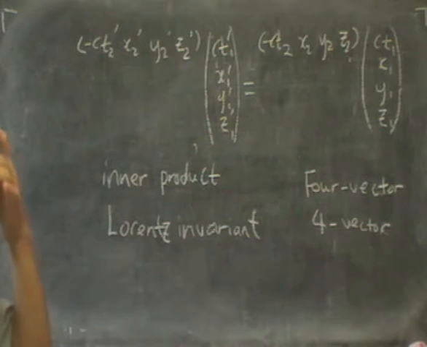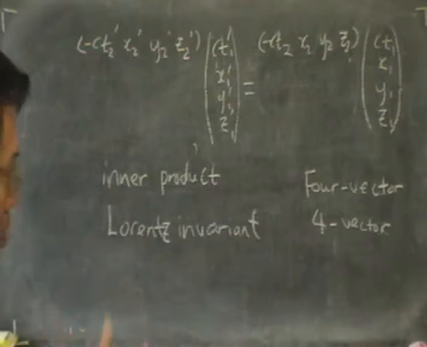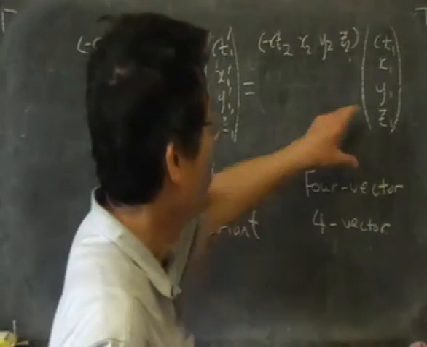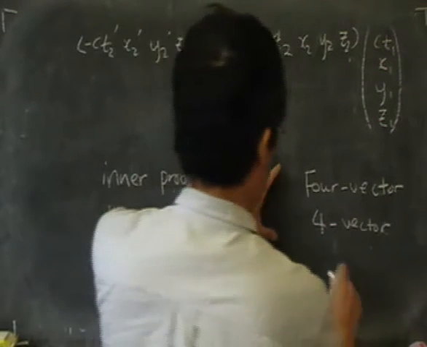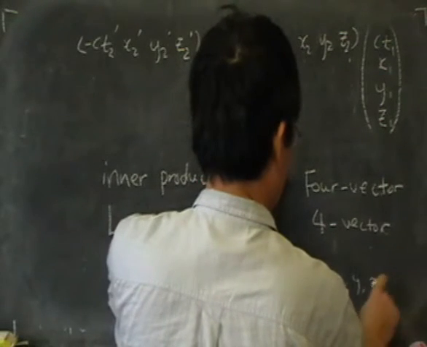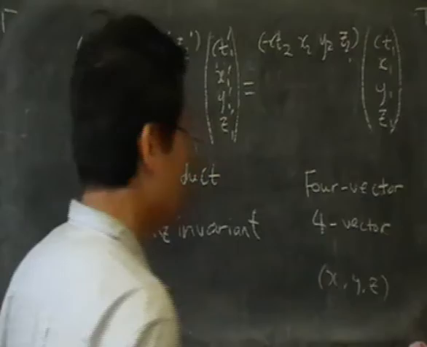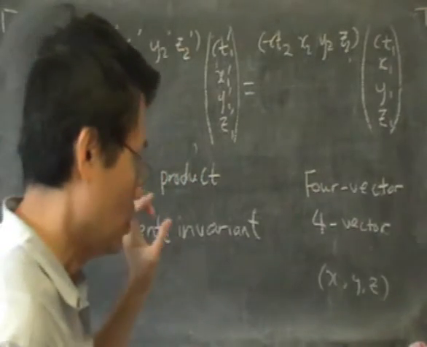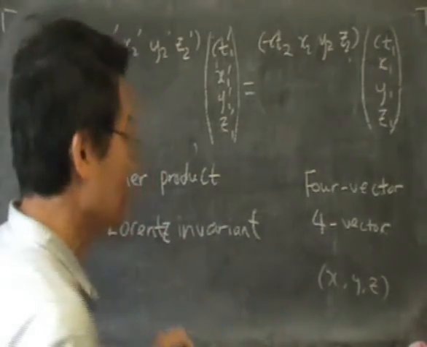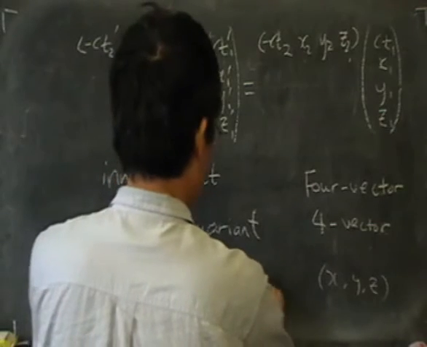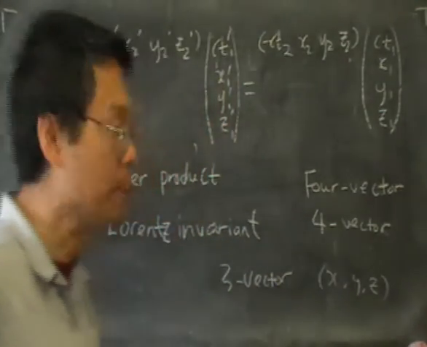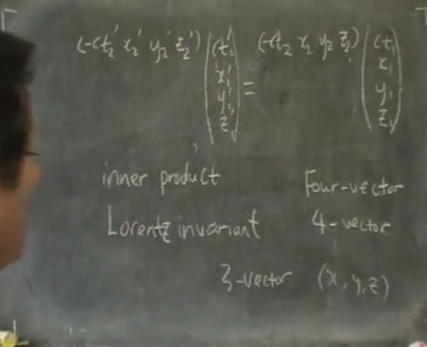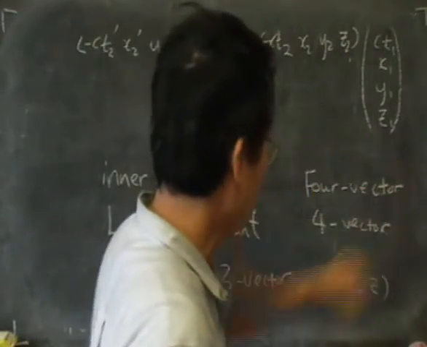Now, just to make things easier to talk about, we are more familiar with the coordinates x, y, and z in 3 dimensions, and for these familiar vectors, we will call them 3-vectors. So that would be a 3-vector.